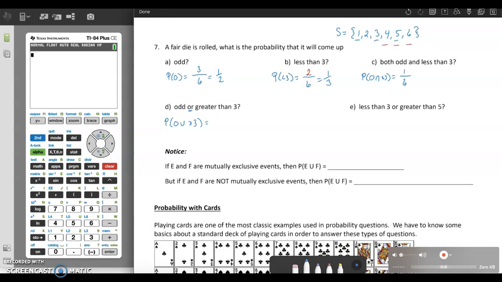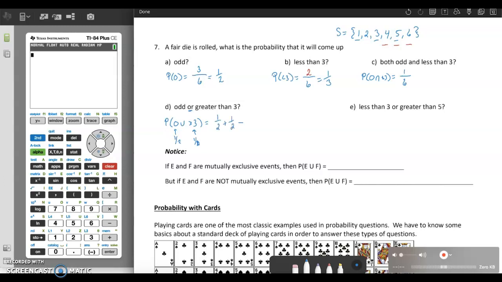So if I want to add these up, remember, or is the inclusive or, so the or both also counts. Remember the probability of rolling an odd was 1/2. The probability of rolling a number greater than 3 is also 1/2. So it's 3 out of the 6 total. But I can't just add these up. The probability of rolling an odd or greater than 3 is not 1 because I have overlap.